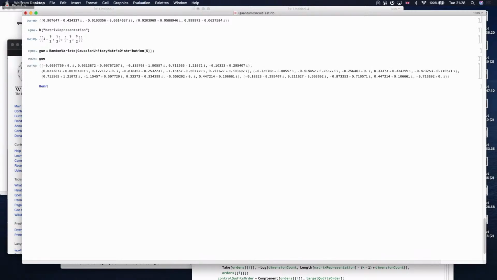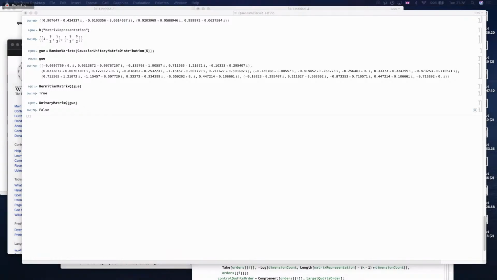Okay, so that should be... It just said unitary matrix there. How come it isn't a unitary matrix? Wait, matrices from the Gaussian unitary ensemble are Hermitian, right?